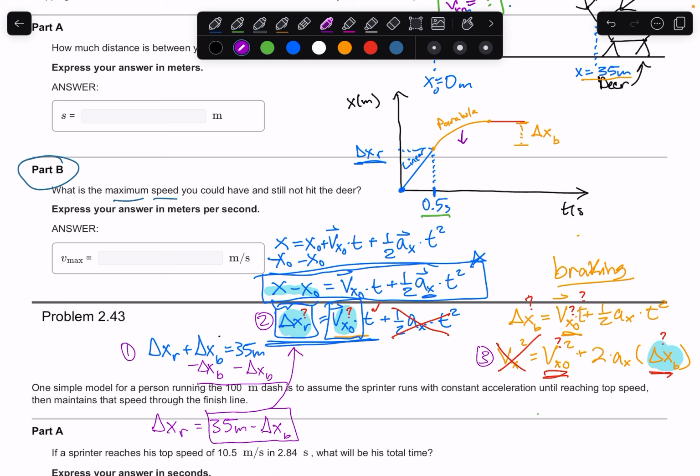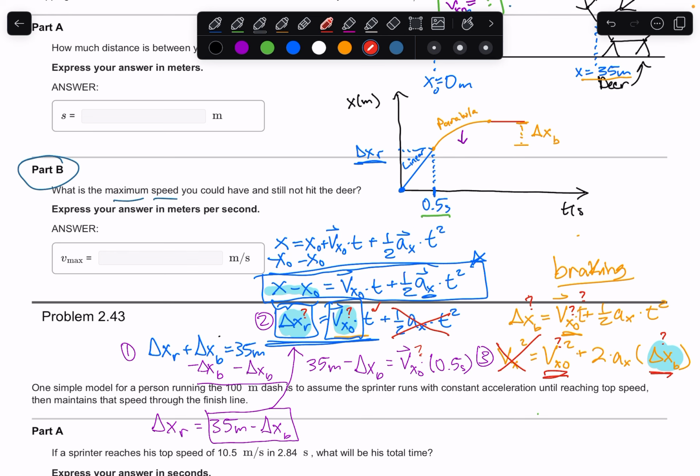And so I'd end up with 35 meters minus delta x braking is equal to Vx initial, which is our unknown, that's what we're trying to figure out, times t, and that's the reaction time, which is half a second. And so the unknown that I want is right here. I want to know Vx initial. And so what I'm going to do is solve for it last.